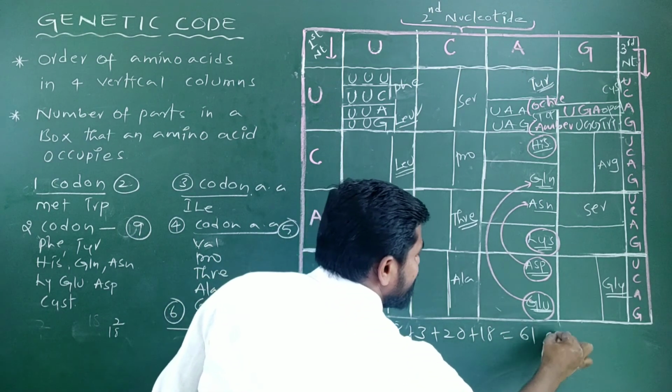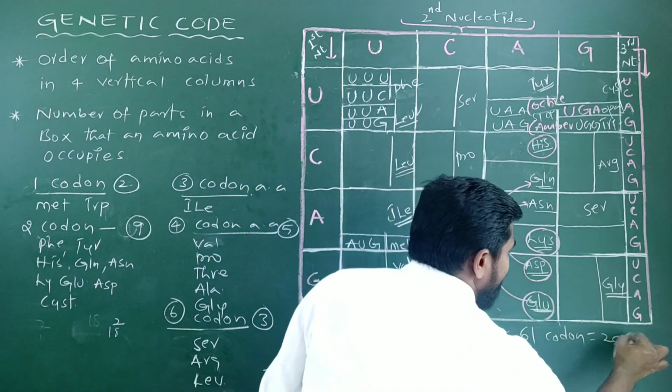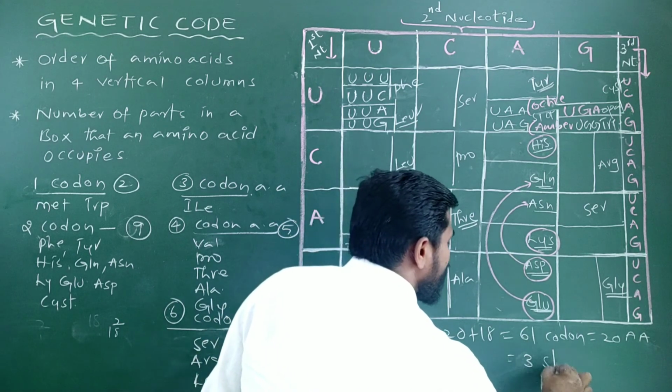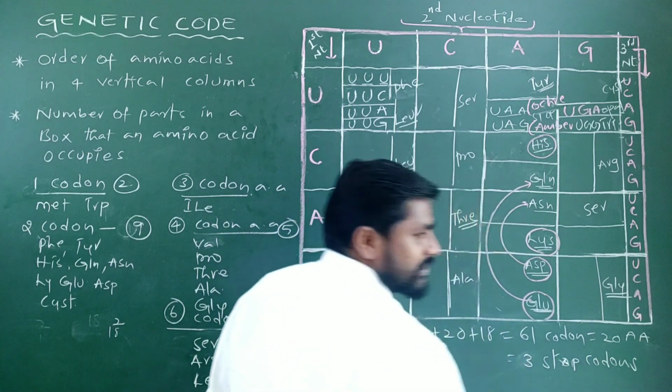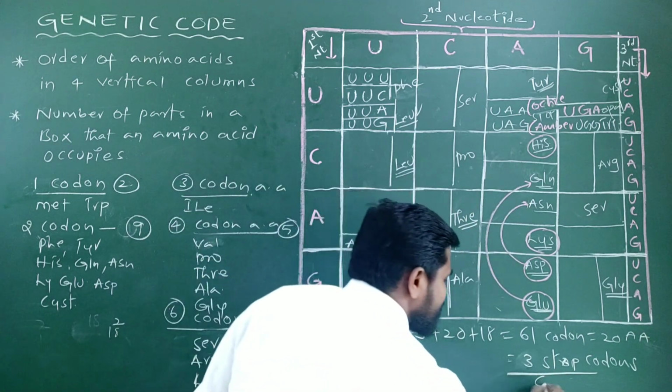Total 61 triplet codons coding for 20 amino acids. The remaining 3 codons are the stop codons, which do not code for any amino acids. So totally how many triplet codons here?